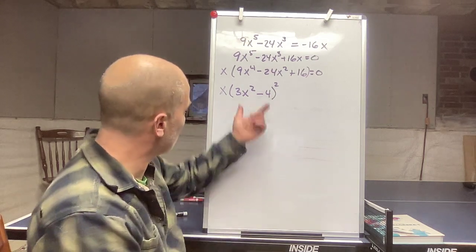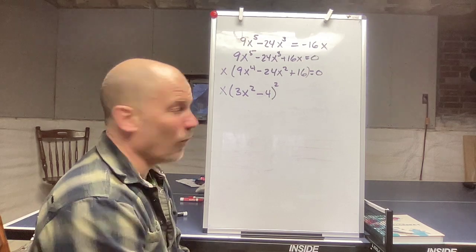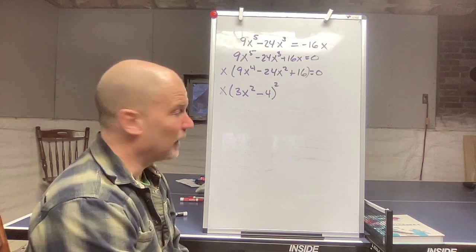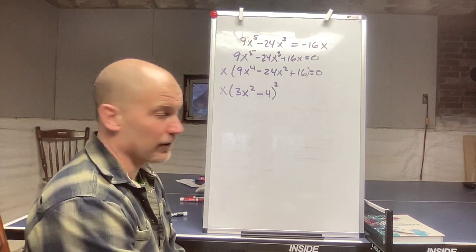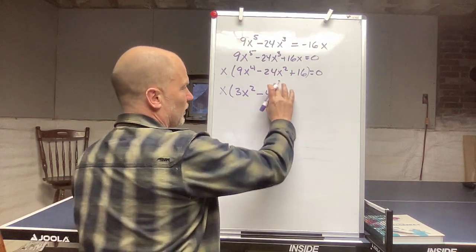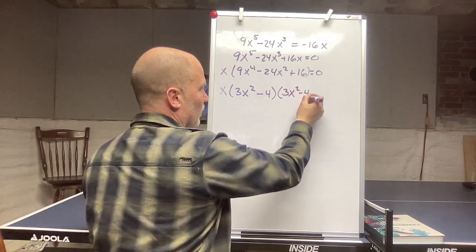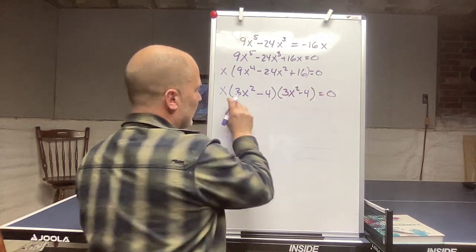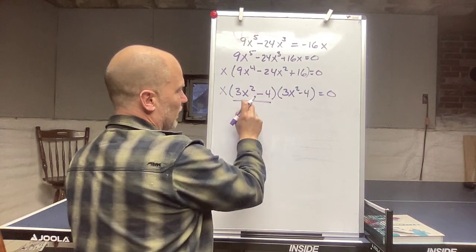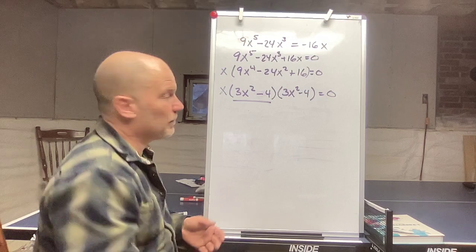And then I look at this thing here and I go, ooh, not quite a difference of 2 squares, but certainly very, very solvable. So instead of writing it with the square, I'm going to write it a little easier for myself to see: 3x squared minus 4. And I need to factor one of these, and when I factor one, I'll have the factors of the other one because they're the same.